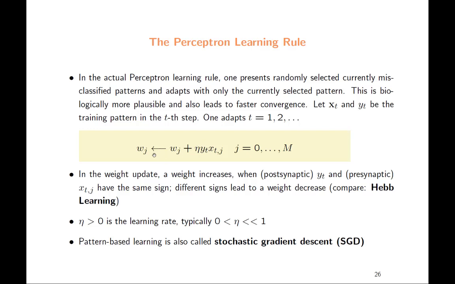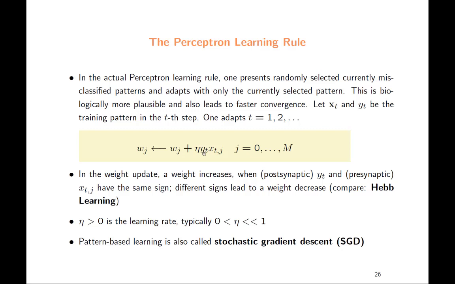So in this rule, a weight, which is a synaptic weight, increases when postsynaptic y, so the output, which is 1 or minus 1, and presynaptic x have the same sign. And this sounds like Hebb's rule. So correlation implies strengthening of the synaptic weight. That's part of why people got excited about this learning rule, because it seems to implement Hebb's learning rule.